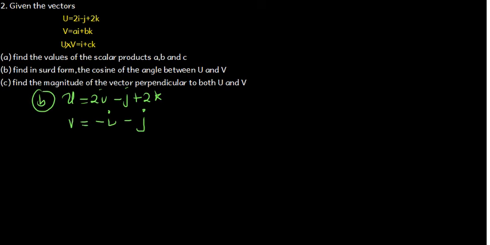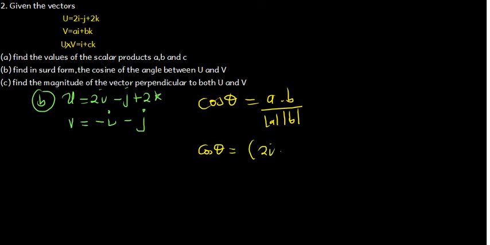Now to find the angle, we're going to use the definition of a dot product. From the dot product, we find that cos theta is equal to a dot b divided by the magnitude of a multiplied by the magnitude of b. And so this will give us cos theta being equal to a, that is 2i minus j plus 2k, dotted with b, which is negative i minus j, and then divided by the magnitude of a and b.